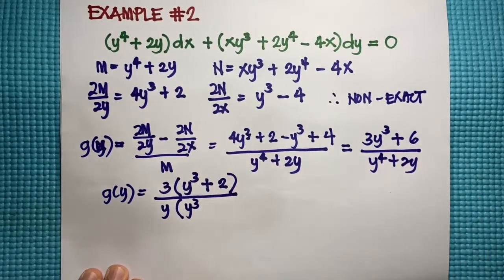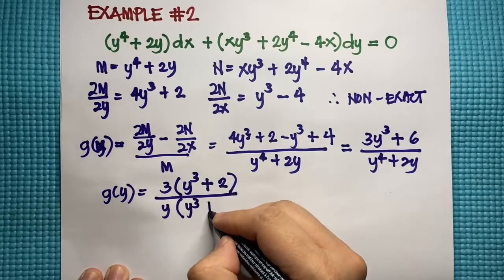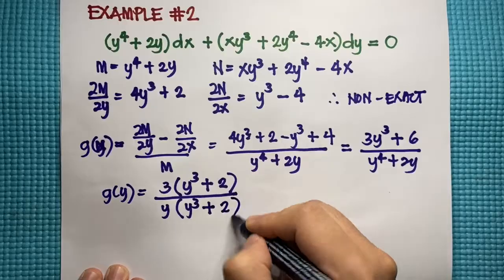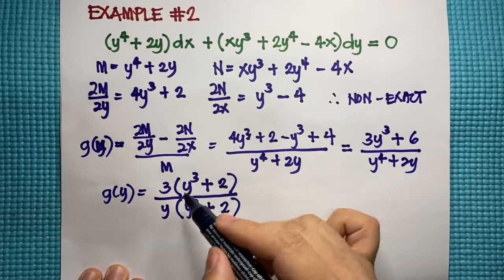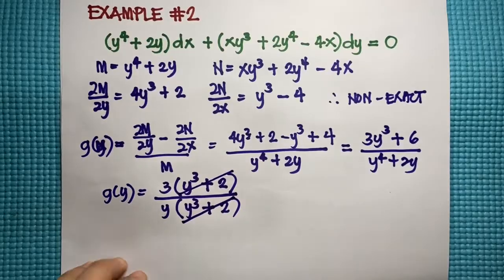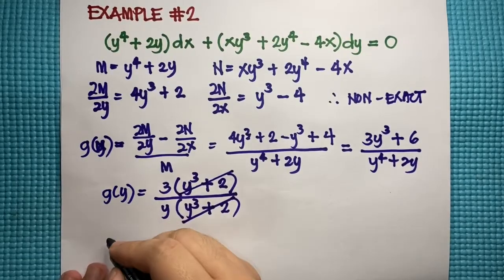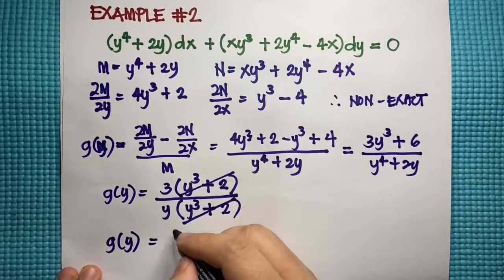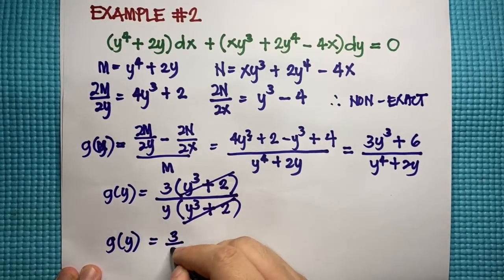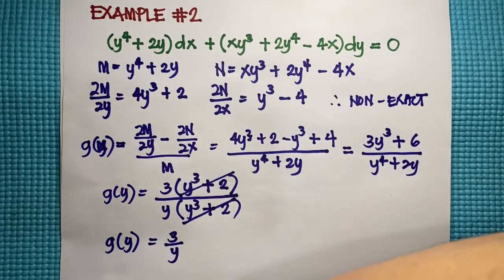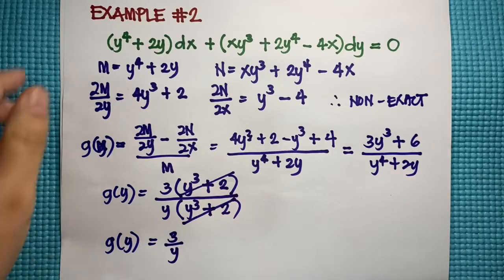So 2y divided by y is 2. So we can now cancel out y cubed plus 2 and y cubed plus 2. So giving us g of y to be equivalent to 3 over y, which is a function of y alone. And therefore, we can now get the integrating factor.